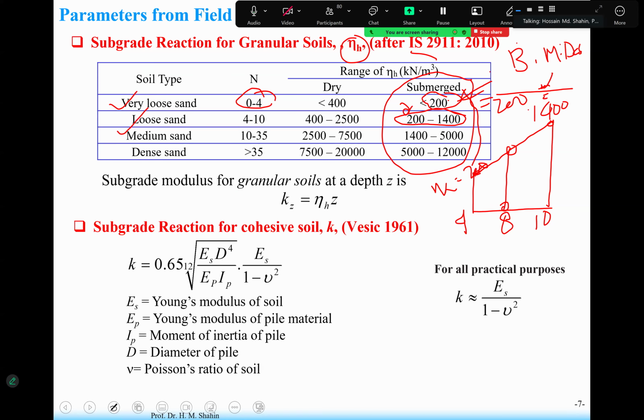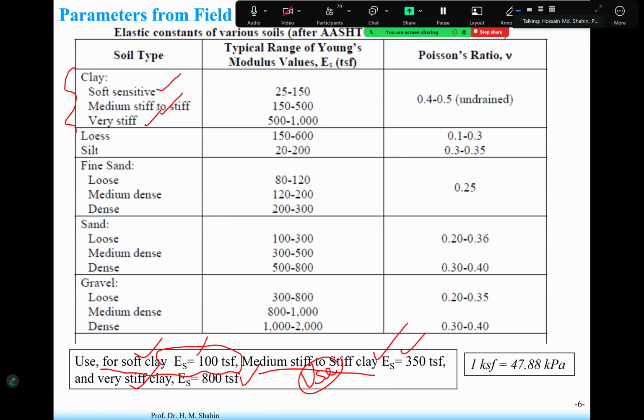One thing maybe I forgot to tell you before: you divide your soil according to this one. According to this: 0 to 4, 4 to 10, 10 to 35, and more than 35. 4 divisions for sandy soil. For clay type soil, not here, but there is another table.